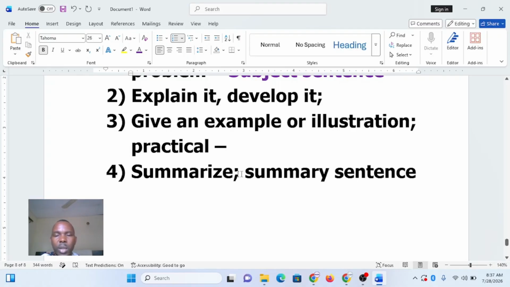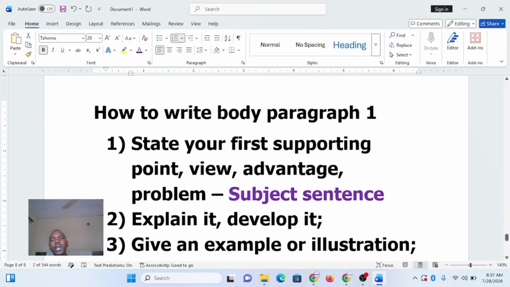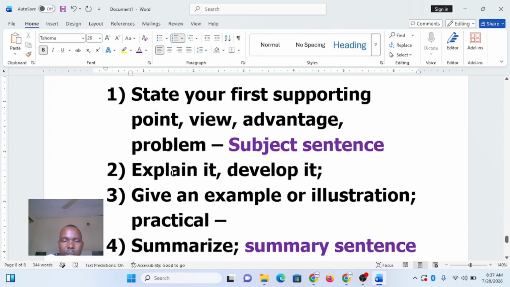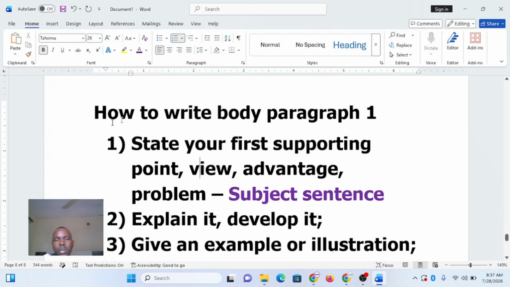So this is where you summarize everything you have said in this paragraph. This is a standard way of writing. So in your first body paragraph, you state your first supporting point, your first view. If it's discussion essay, they'll give you the two views. You state the first one. Whatever it is, state the first one. The second thing you do in that same paragraph, you explain it, you develop it, give an example or illustration, then you summarize it. This is the first body paragraph.